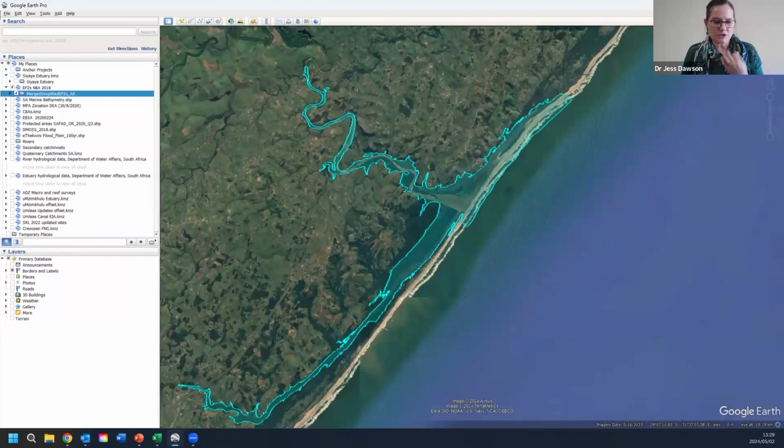Okay, so what do you think the pressures are? Give me 2 or 3 before we go and look at our nice estuary information that'll tell us what the pressures are for this system. Can anyone tell me something that they might think affects this system?